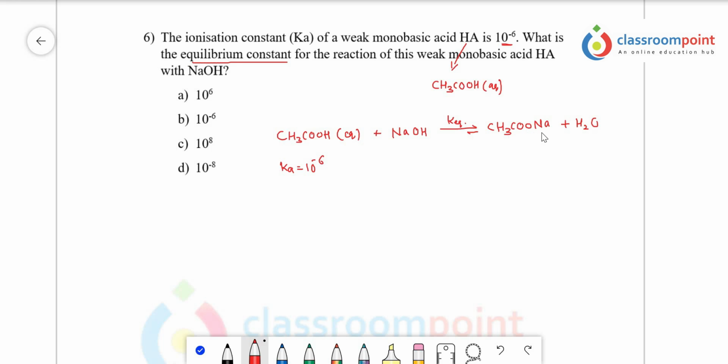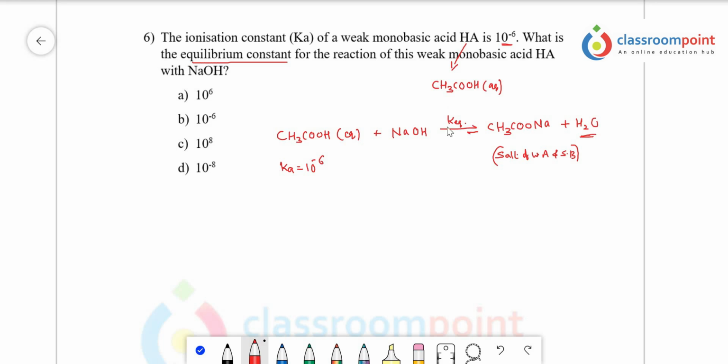Here we know that this is the salt of a weak acid and strong base. Now its reverse reaction is the reaction with water, which is called the hydrolysis of the salt.